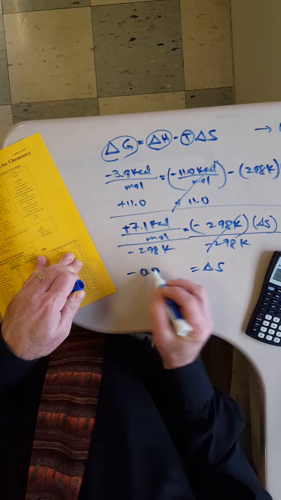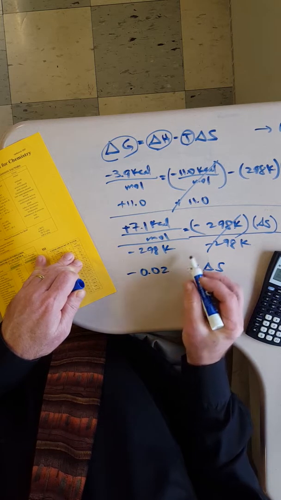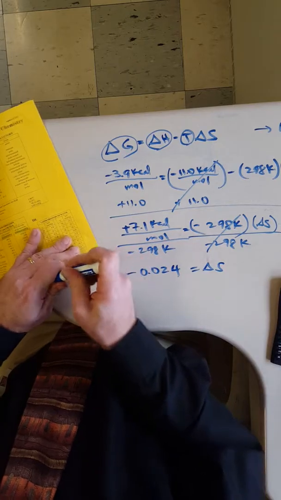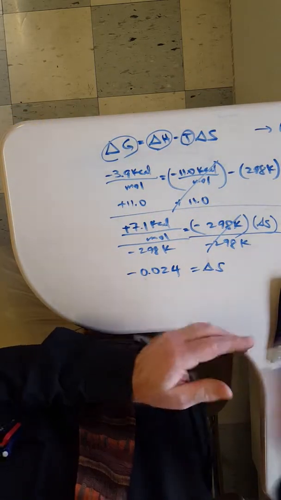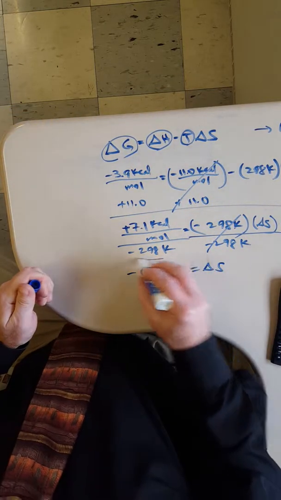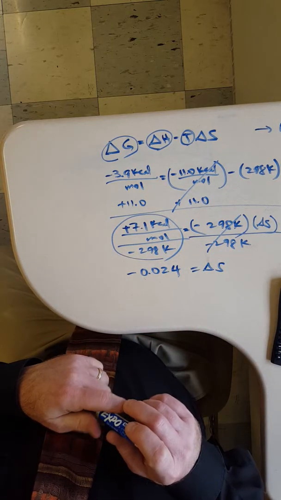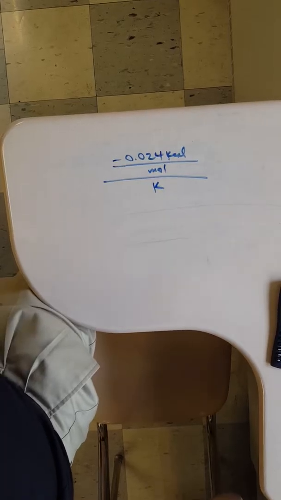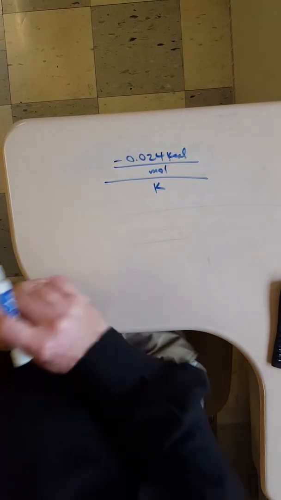Negative 0.024-ish. You go, well, what are my units? That's where people get confused. So how does this work out? Certainly I could write it like that.